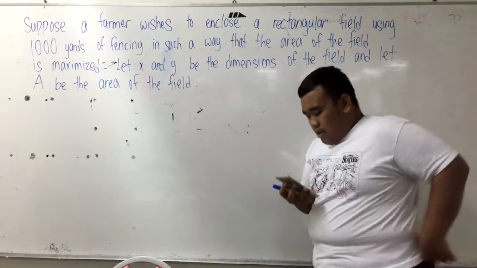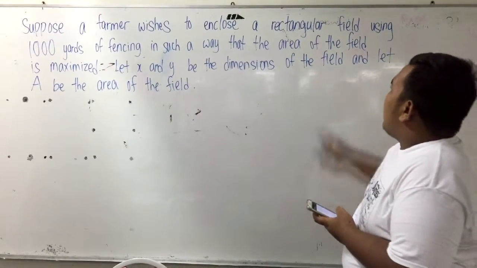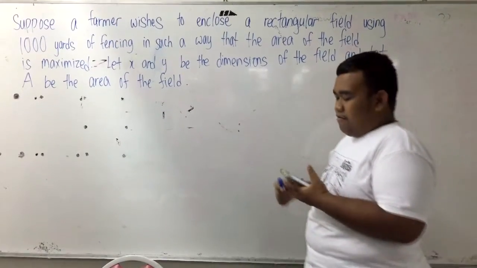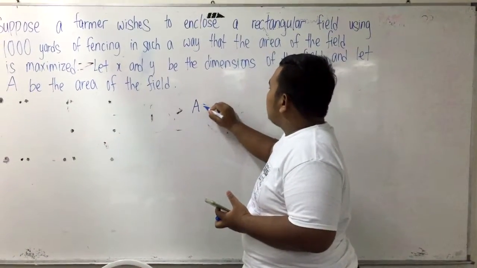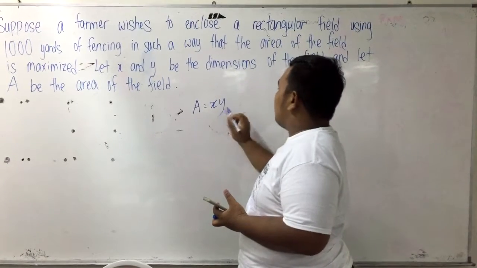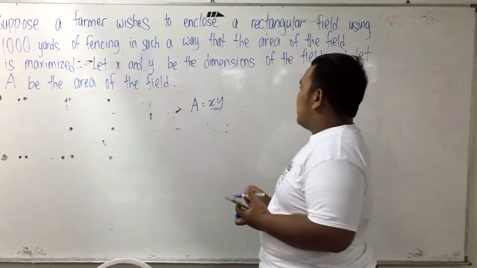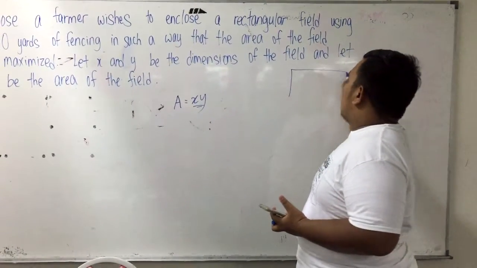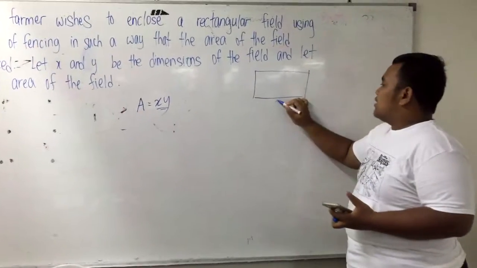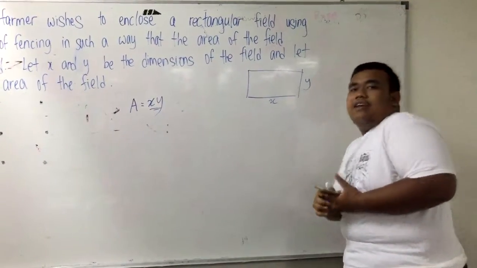So we have to use the formula A equals x times y. We just put x and y as unknowns, right? Rectangle, right? So this is x, this is y. Get it? Okay.